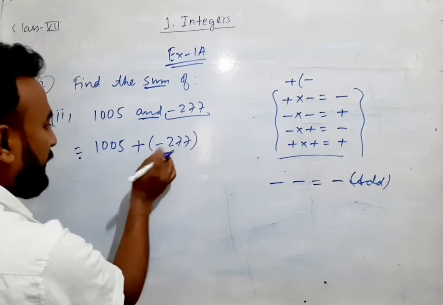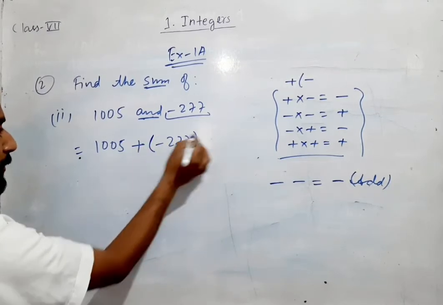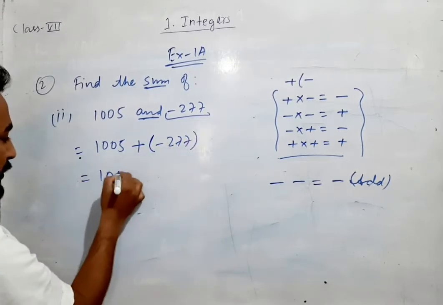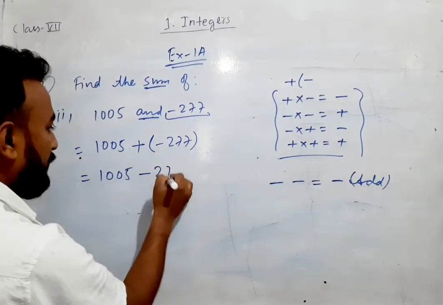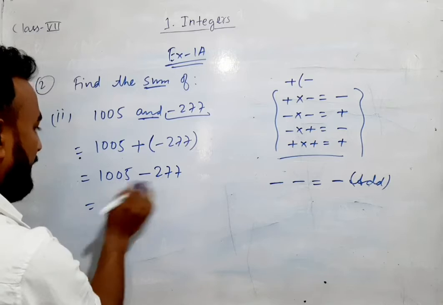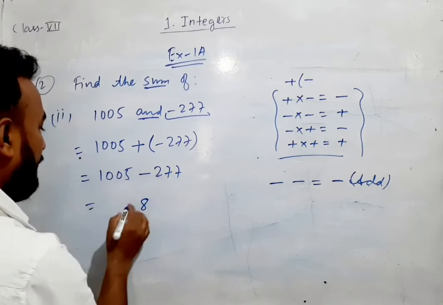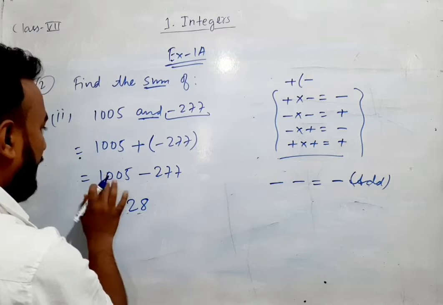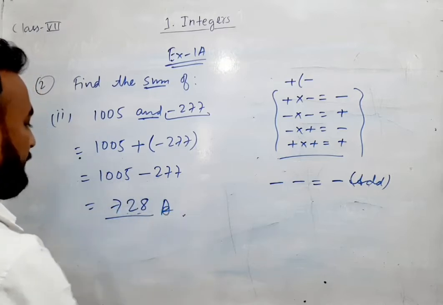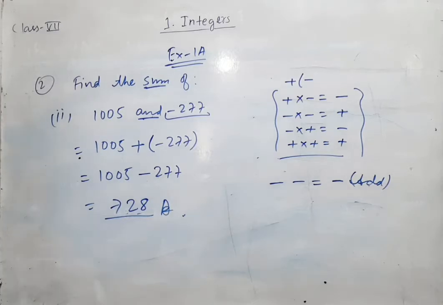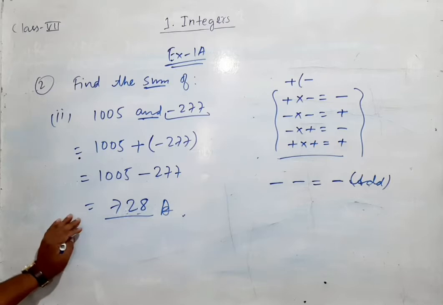So you have to use a bracket here. Whenever you have two signs, you have to put a bracket. 1005 plus into minus -277. So now let's subtract it. The answer is 728, your required answer. So question number 2 you have to solve like this.